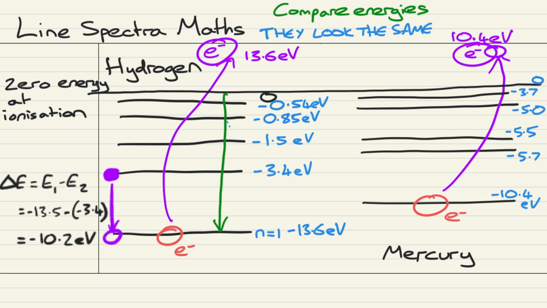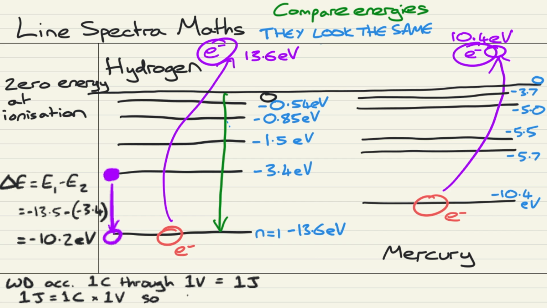Okay, hang on, what's an eV? This is covered in electric fields, but quickly, the work done accelerating a charge of 1 coulomb through a potential difference of 1 volt is equal to 1 joule. That's going to be our definition. 1 joule equals 1 coulomb times 1 volt.